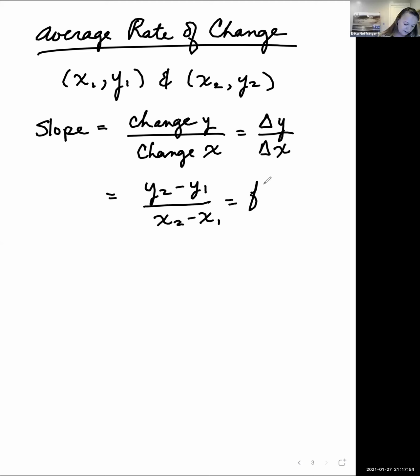What if it was in function notation instead of as a y? So f of x sub 2 minus f of x sub 1, all over x sub 2 minus x sub 1.